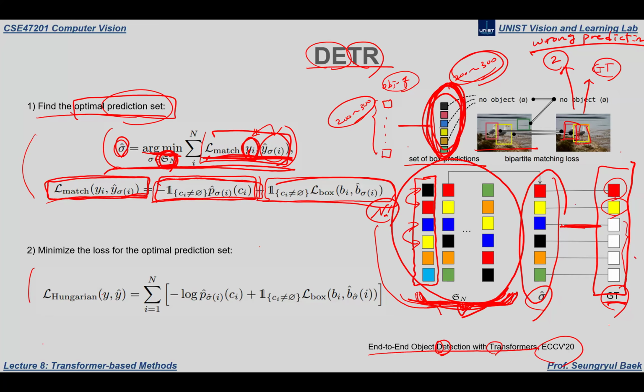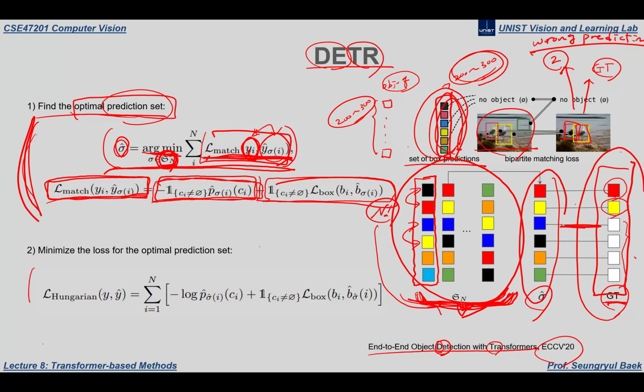So in this first step, we permute this initial response and make n factorial. If the number of predictions is n, then we permute the predictions n factorial times, and among them we find the best order of the predictions to match to the ground truth. Okay. Are you following this?